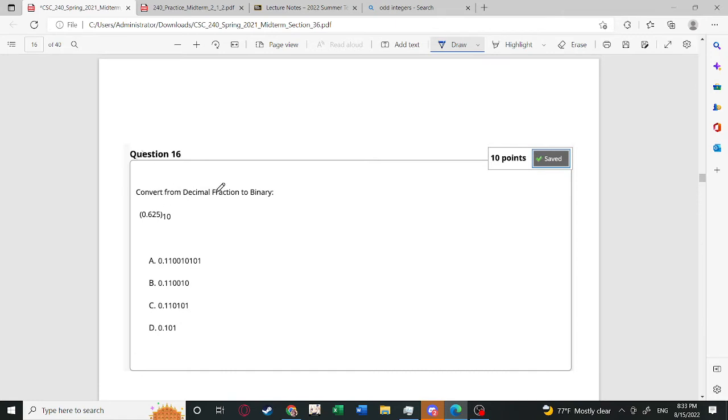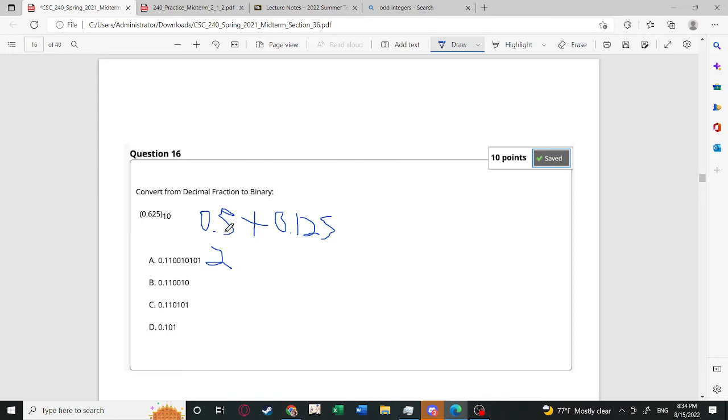If you convert from a decimal fraction to binary, this is 0.5 plus 0.125. Yes, I memorized it, don't ask me how.